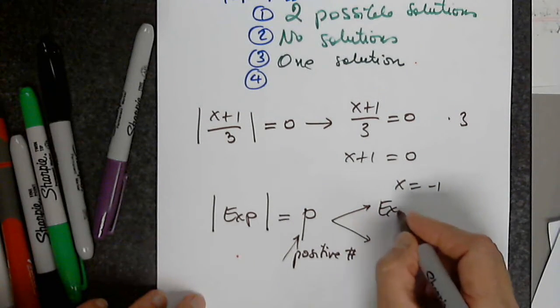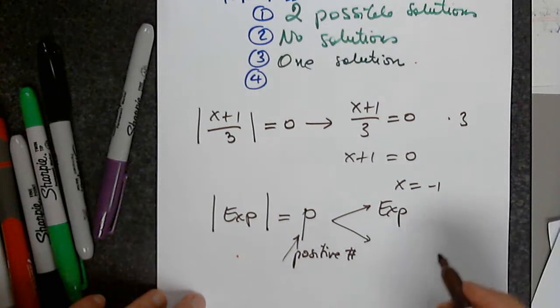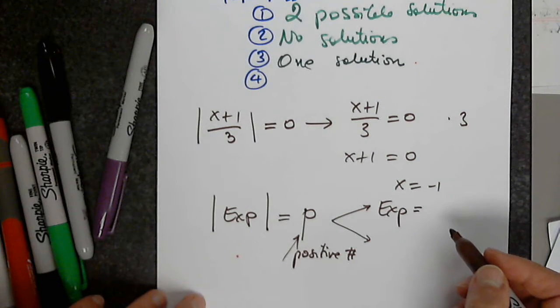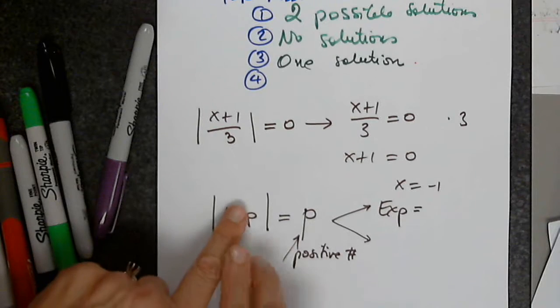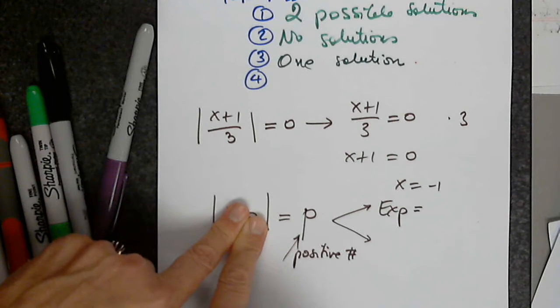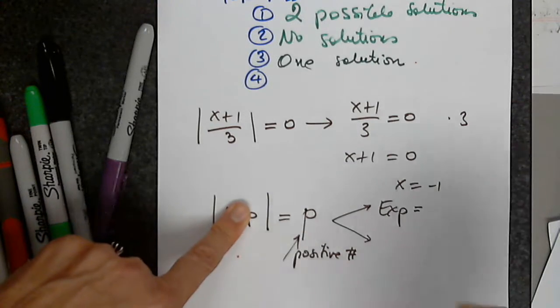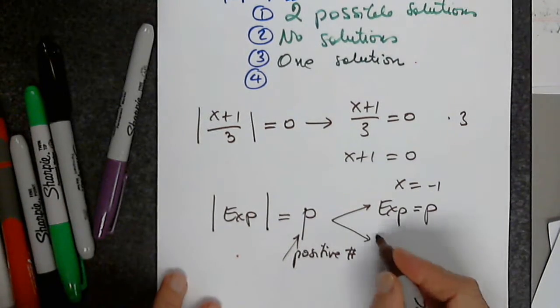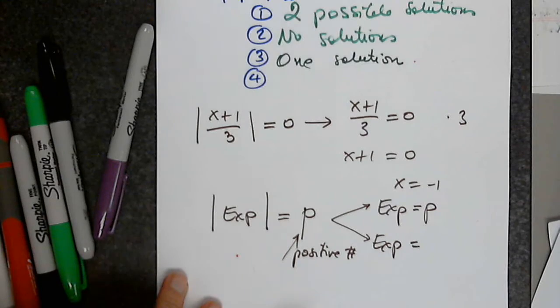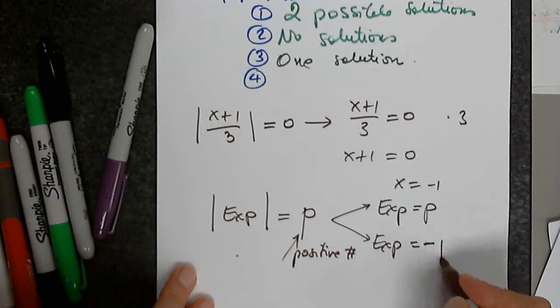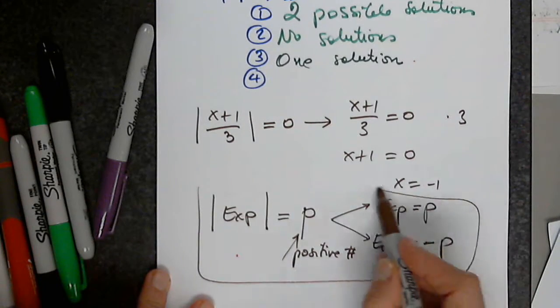The expression to be P, right? Because only the absolute value of P will be P. And what is the other option for the expression to be? Negative P. Correct.